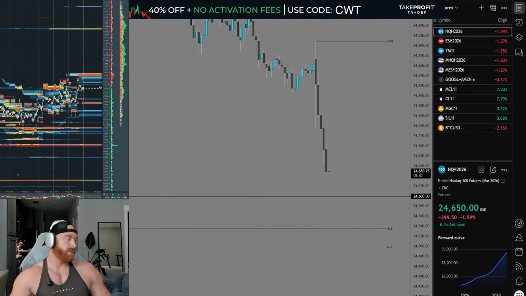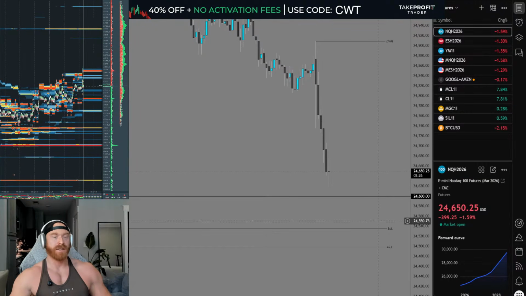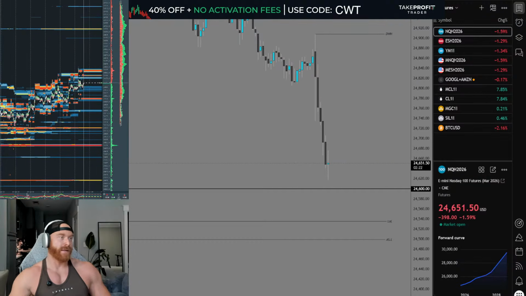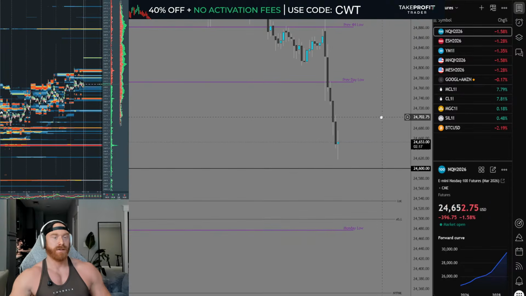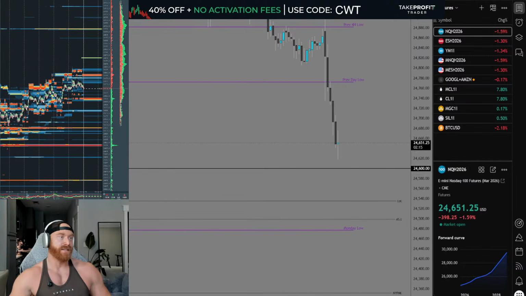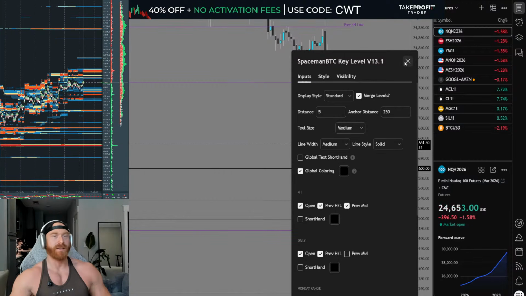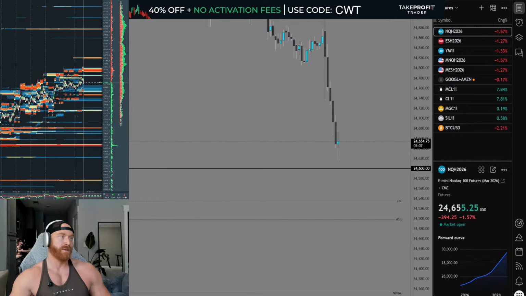How do you find liquidity levels? You can use session highs like London high, London low, Asia high, Asia low. You can use 4-hour candles. There's a couple of indicators that mark that kind of stuff out. The Spaceman BTC key level indicator will mark out the previous 4-hour high, previous 4-hour low, those sorts of levels.